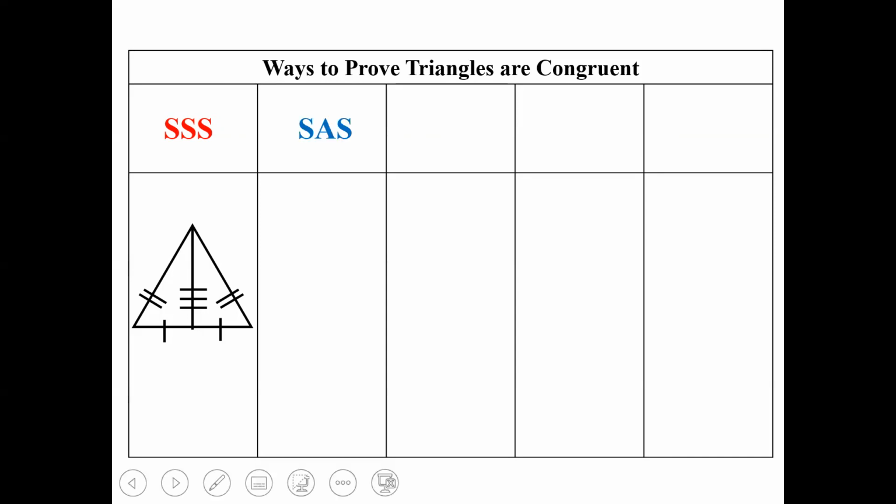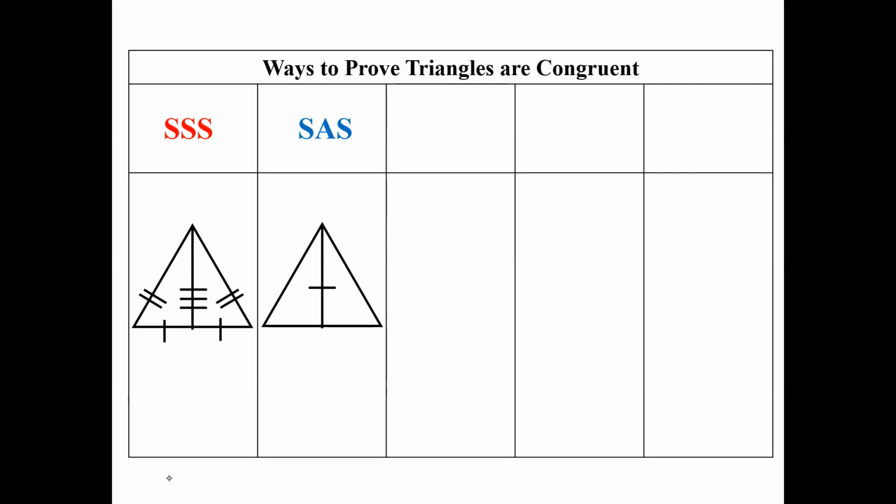We talked about side angle side, where you have a set of corresponding and congruent sides, a set of corresponding and congruent angles, and then another set of corresponding and congruent sides, okay? But remember, with side angle side, the angle has to be included, AKA it means it has to be between your 2 sets of congruent and corresponding sides.